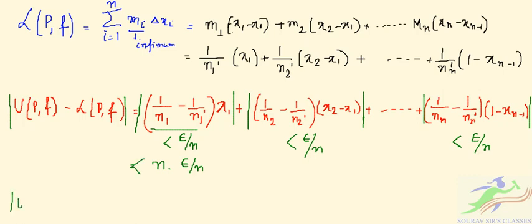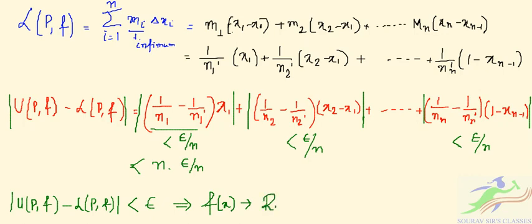So this U(P,f) minus L(P,f) is less than epsilon, so we can conclude, we know from the definition of Riemann integral, that this f(x) will be Riemann integrable.